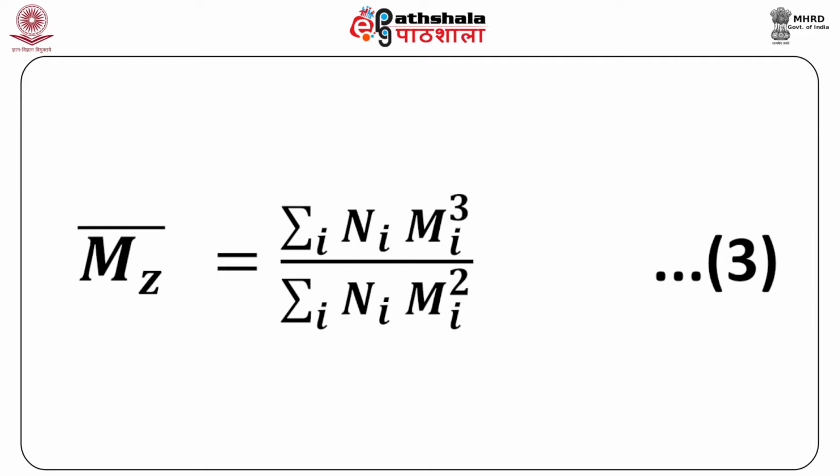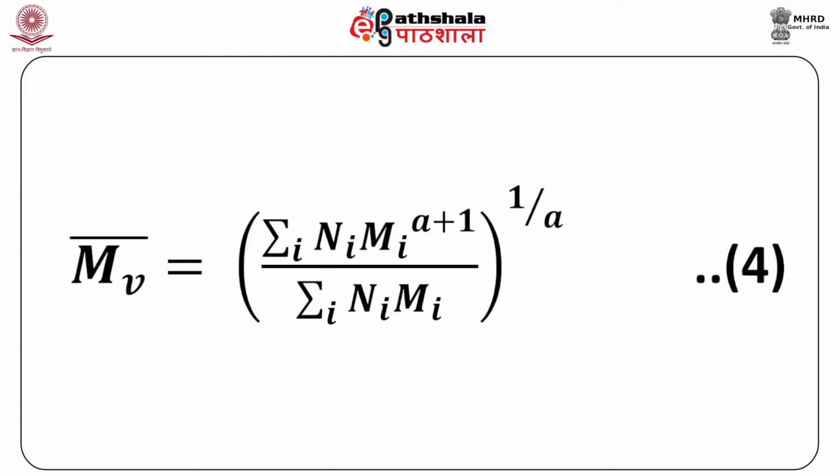Number 3, Z average molar mass, Mz bar equals summation Ni Mi cubed divided by summation Ni Mi squared, given by equation 3. And 4, viscosity average molar mass, Mv bar equals summation Ni Mi to the power a plus 1 divided by summation Ni Mi, whole to the power 1 by a, given by equation 4.